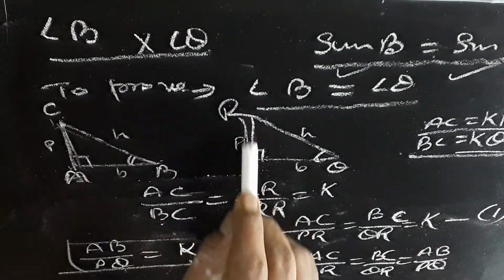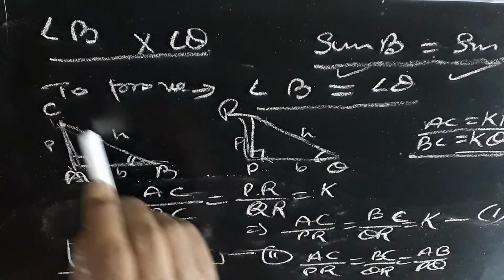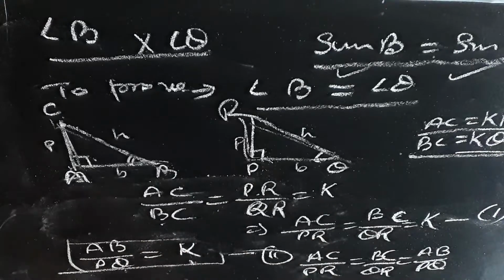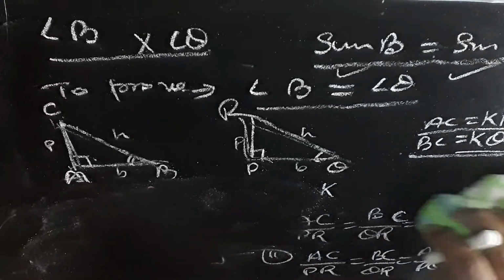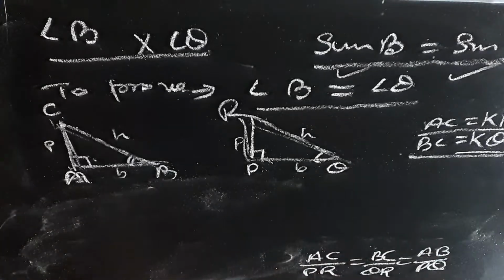Means this upon this is equal to this upon this is equal to this upon this. We have got the ratio of all the three sides equal. Therefore, these two triangles will be similar by SSS.